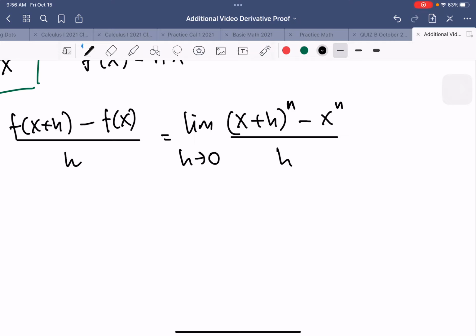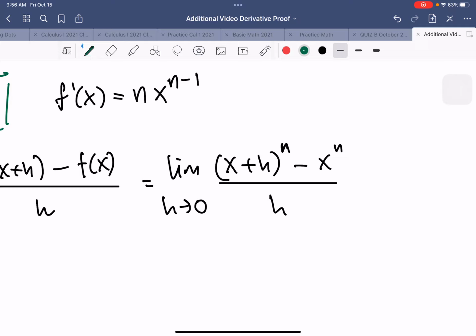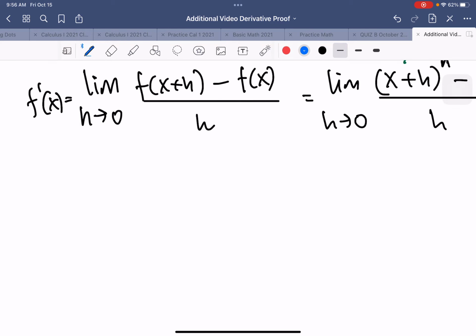The idea is, imagine that this is some a to the power of n, and this is b to the power of n. So we have a to the n minus b to the power of n. Remember, if you have a squared minus b squared, we can make some factorizations, right?